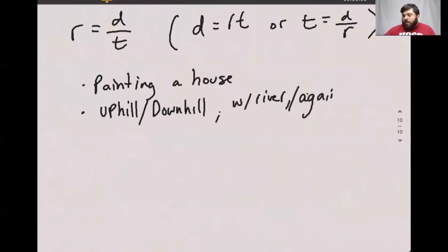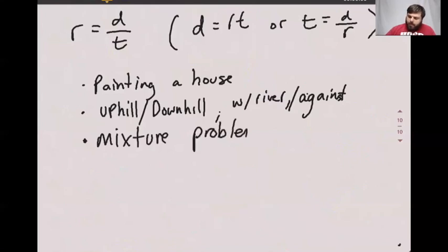Okay, all these problems are called complex rate problems. All right, finally, a very, very common one is a mixture problem. Okay, these are all very, very similar to each other.